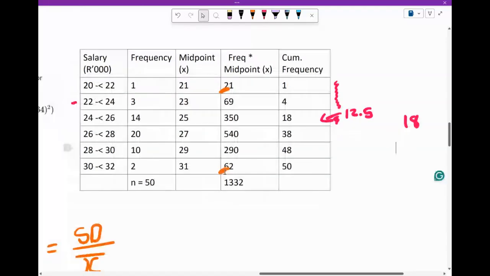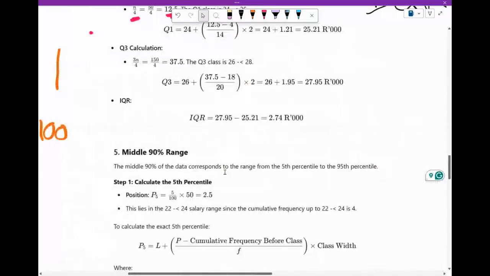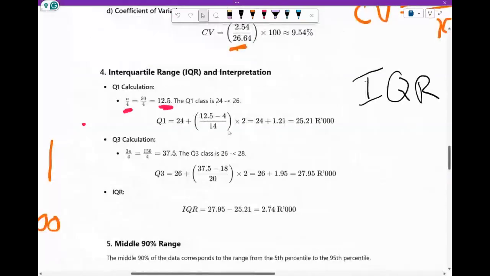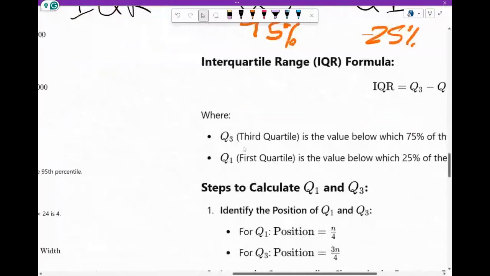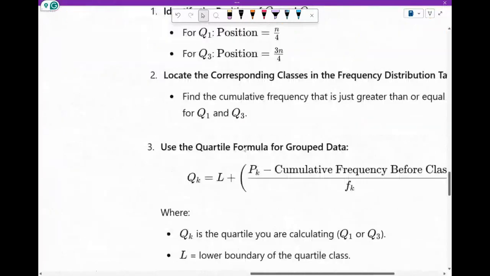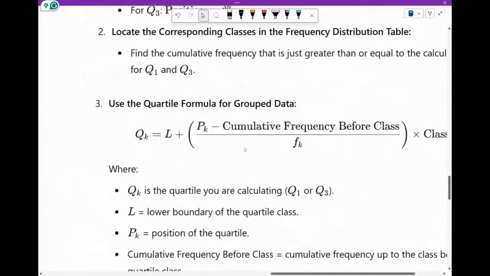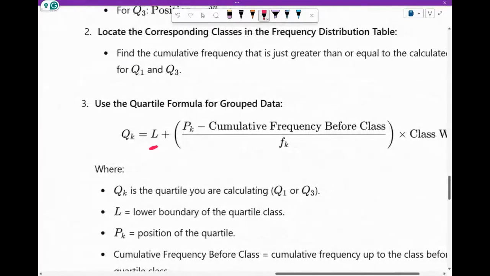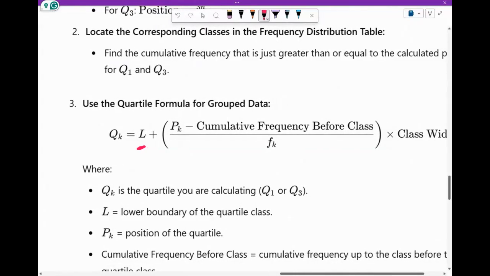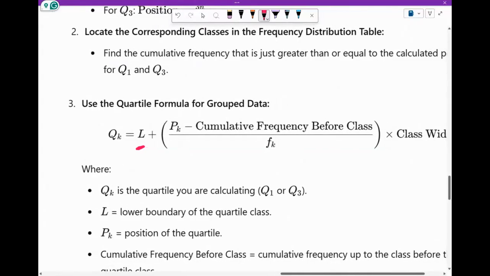So we then go back to this formula here. Sorry, I should have had the formula there. So we say the lower point, and then the position of the quartile minus the cumulative frequency before that class.